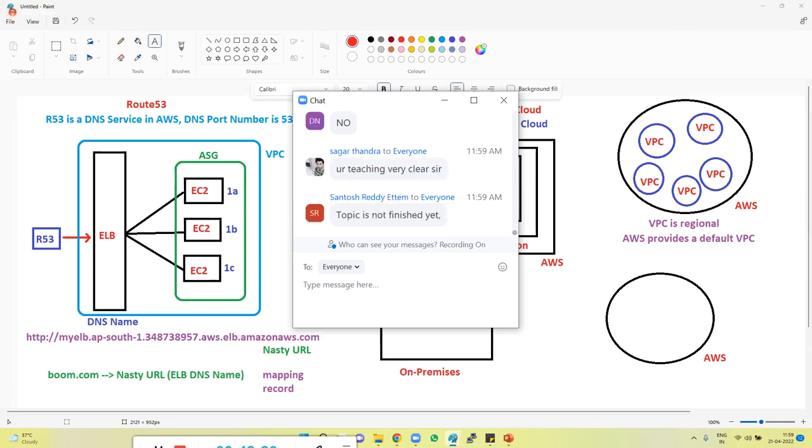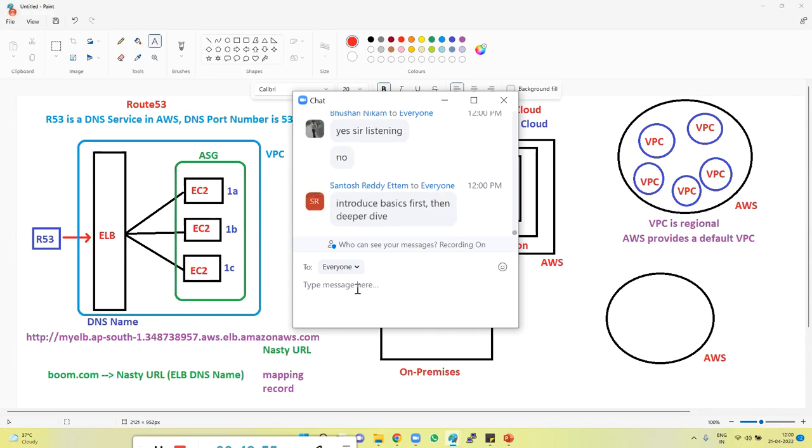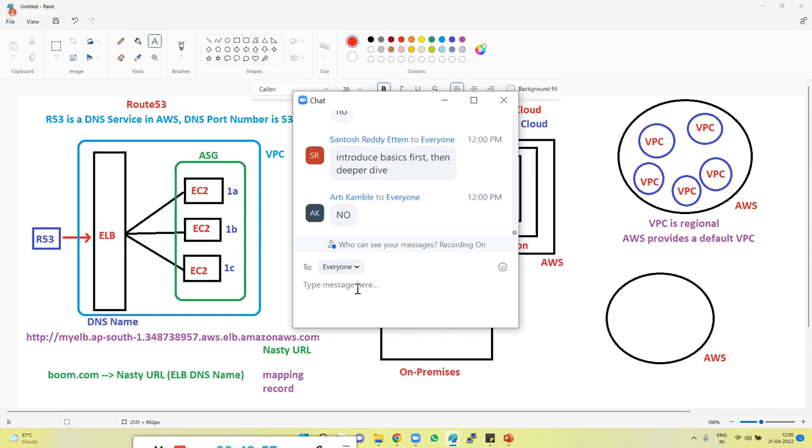So it is up to me. Yes, Santosh, thank you for backing me up. The topic is not finished. Bhushan, I said that I'm introducing the topics. EC2, I just put it in a couple of lines. Did I say that EC2 is finished? Did I say that any service we have discussed till now is finished?